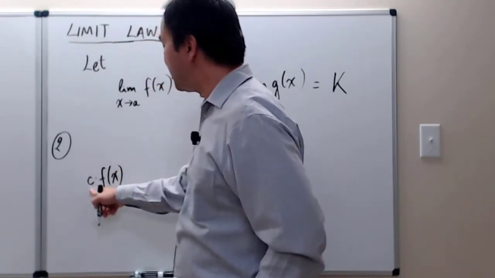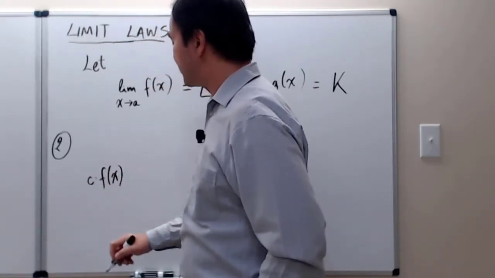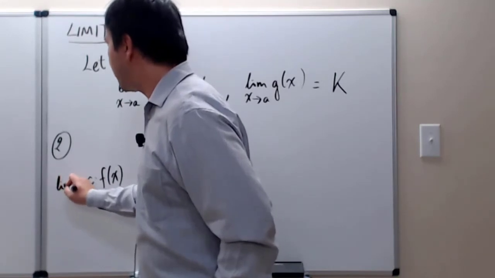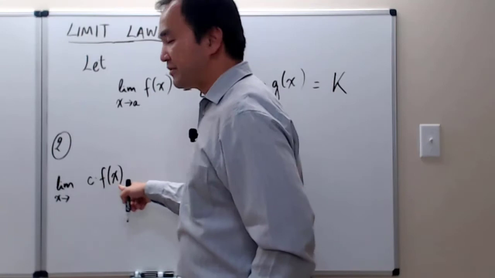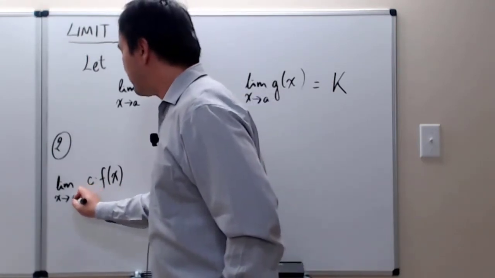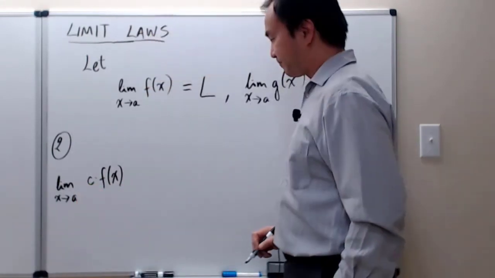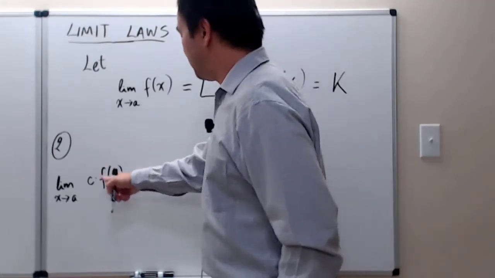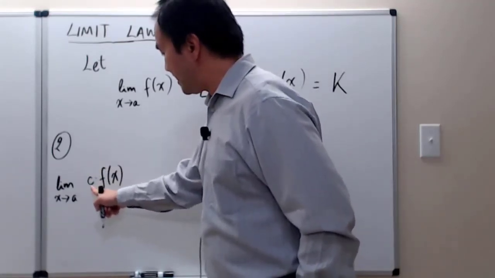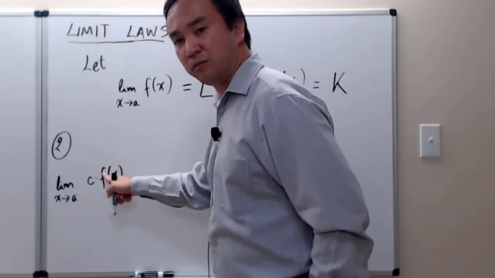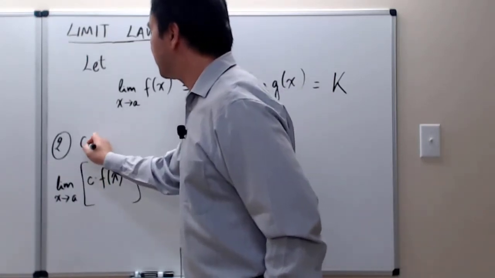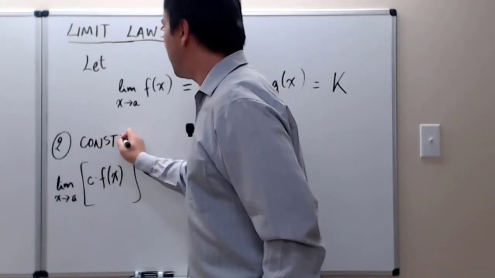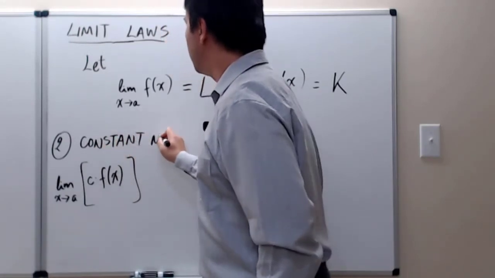Let's say a constant c times f of x, and we are asked to find the limit of this overall function c times f of x by letting x approach some given limit point a. Due to the nature of the function, it has a constant multiple multiplied to a function, so we refer to this law as the law about constant multiple.